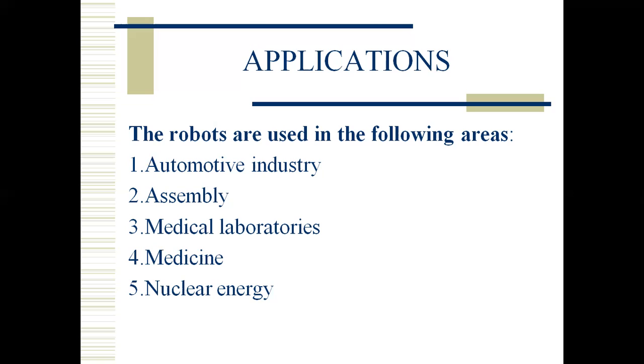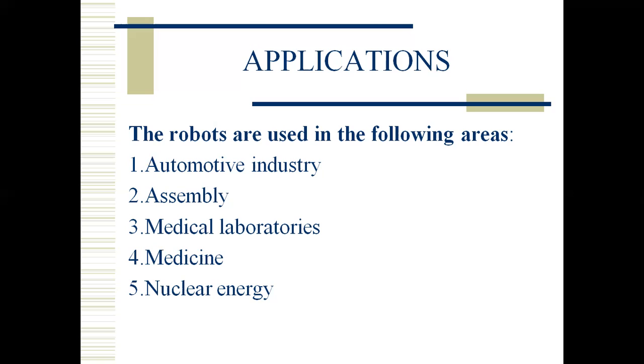So blending operations on a composition basis, the packing sections, the transportation sections, or storing in the warehouse can also be performed by these robots. These robots can be placed in different conditions in medical laboratories and even in medicine manufacturing, as we have discussed about the composition level, and even in nuclear energy.